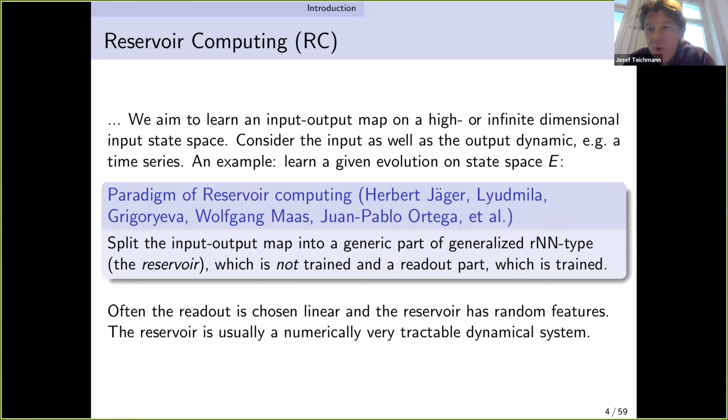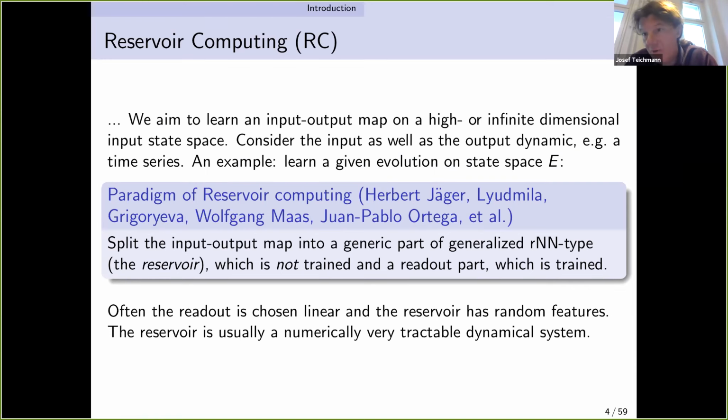So we understand reservoir computing as an approximation of an input-output map on a high or infinite dimensional input space as a composition of an untrained map, which we call the reservoir, and the readout map, which is actually trained. Very often the readout map is a linear map, so the training is a regression, with the complications of regressions, but a regression.